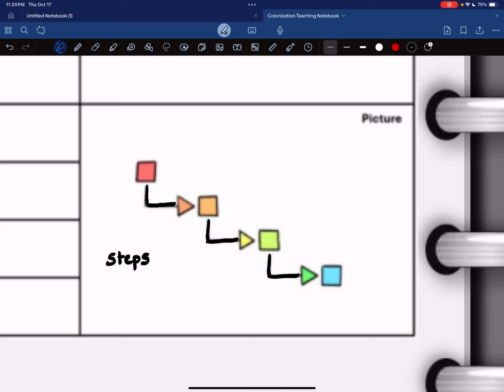The other one is a color sequence. Remember, we talked about the rainbow, the order of the rainbow, earlier in one of our vocabulary words. And I gave you the acronym Roy G. Biv. The colors of the rainbow. You have red that moves to orange, that moves to yellow, that moves to green, that moves to blue.